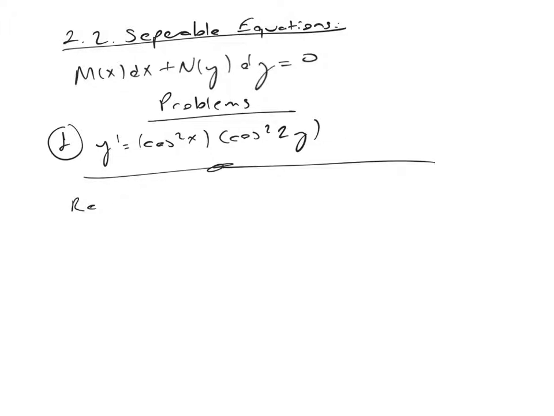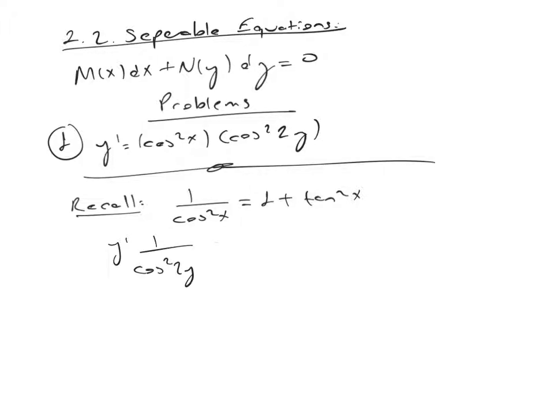First of all, let's remember the fact that 1 over cosine square x can be written as 1 plus tangent square x. So we can write our differential equation as y prime times 1 over cosine square 2y is equal to cosine square x.